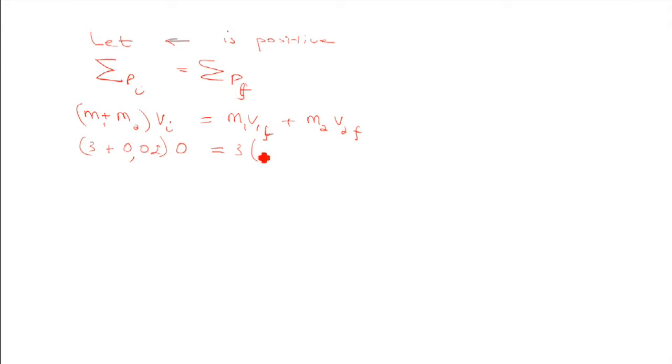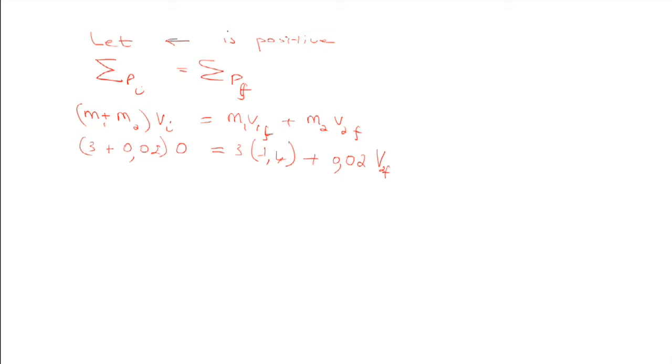If we take it as negative, then obviously we've got to check the other one, right? Let's take the rifle's velocity as negative, so this is minus 1.4, that's the velocity, and then plus 0.02 times what you are looking for, V2F. The order doesn't matter really, but you have to be specific.